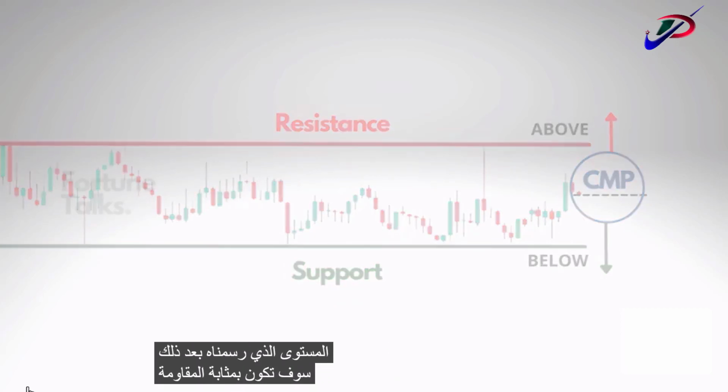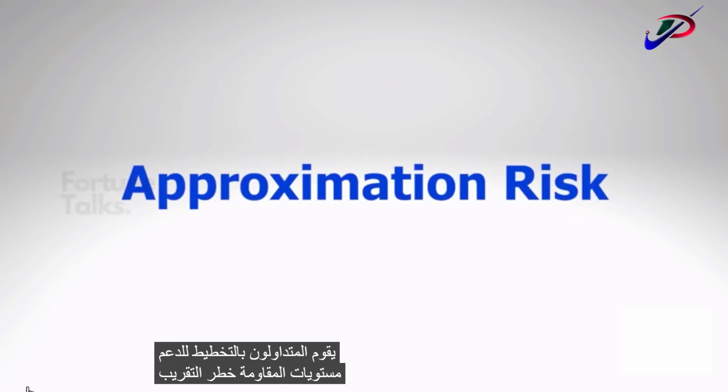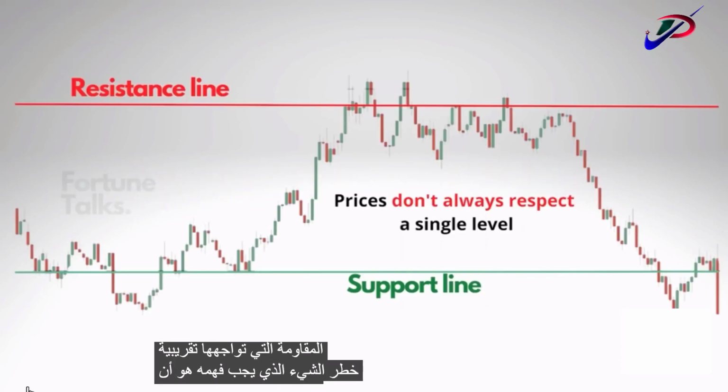Here's an important mistake that most traders make while plotting the support resistance levels: the approximation risk. Generally, when identifying the support resistance, you run into approximation risk. The thing to understand is that the market will not respect just a single price level, but rather a group of corresponding price levels, or an area of prices.